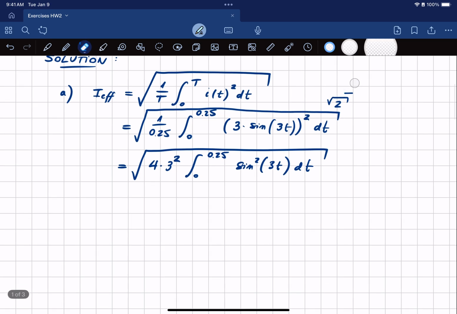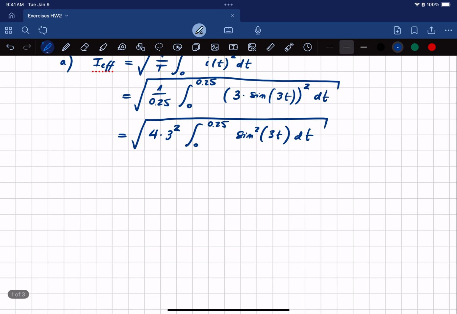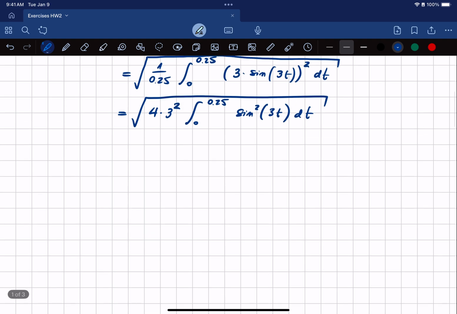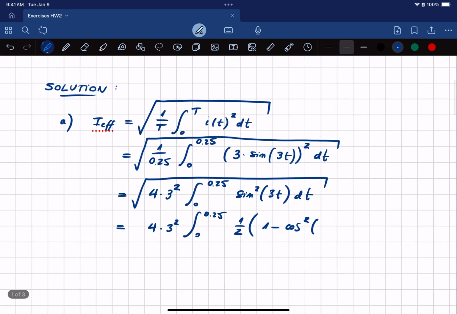So now what we do here is use a trigonometric identity, a very simple one. That sine squared is simply 1 over 2 times 1 minus cosine of the double frequency of the original one. Sorry, I'm using 3t, I got confused.